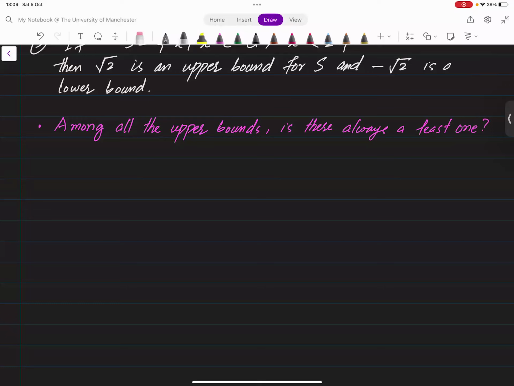And to answer that, we need a definition for least upper bound and greatest lower bound.